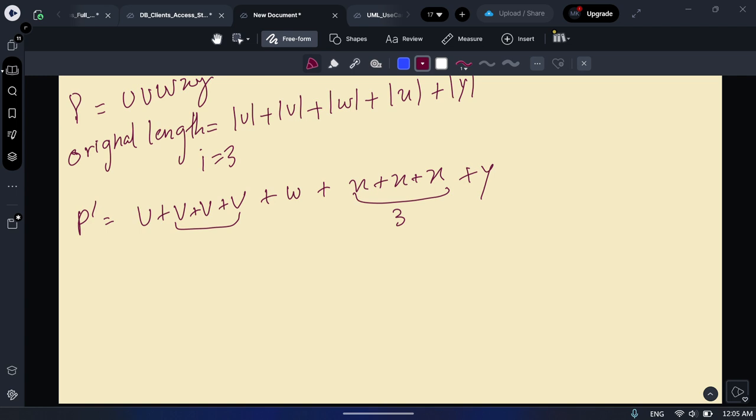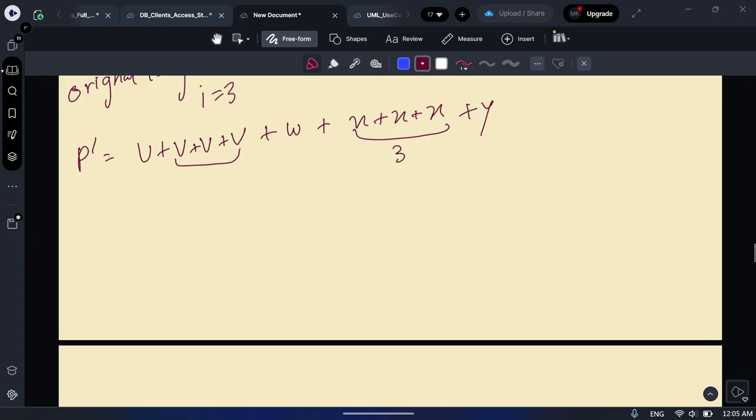Let's look at the length of this new string. You're literally multiplying the length of V by 3 and the length of X by 3. So the new length would be U plus 3V plus W plus 3X plus Y. Now we write it with i minus 1.